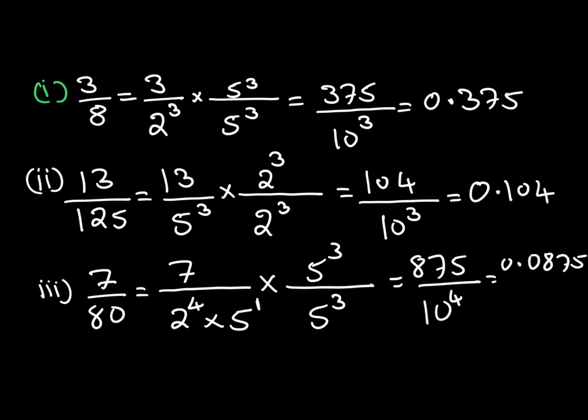So we can easily find the decimal expansion of any rational number p over q which has a terminating decimal by expressing the denominator as a power of 10. Let's look at the rational number 1 over 7. Will this have a terminating decimal or a non-terminating repeating decimal? How can we find out? Now look at the denominator.